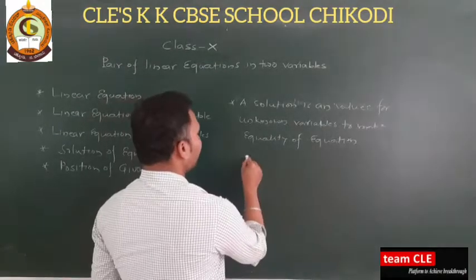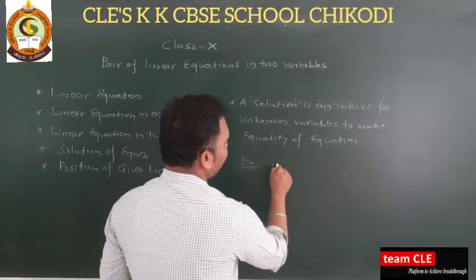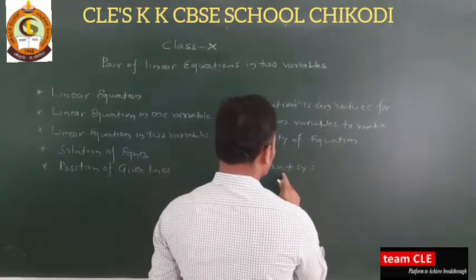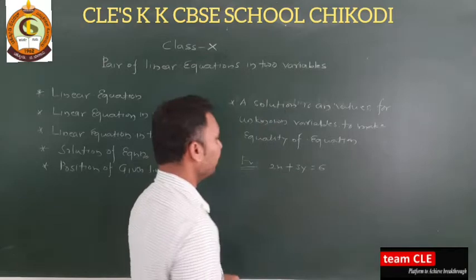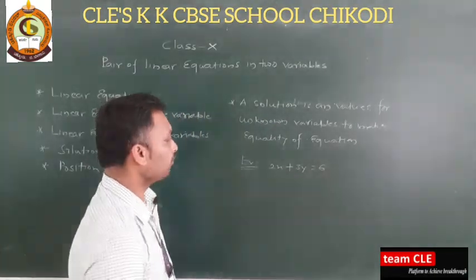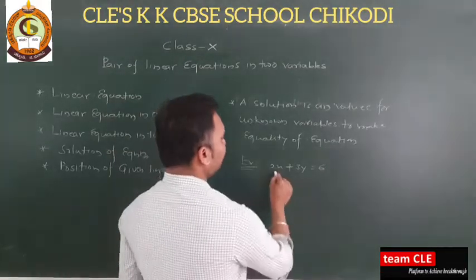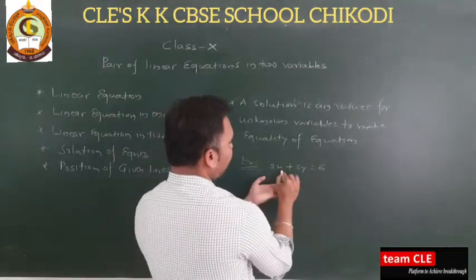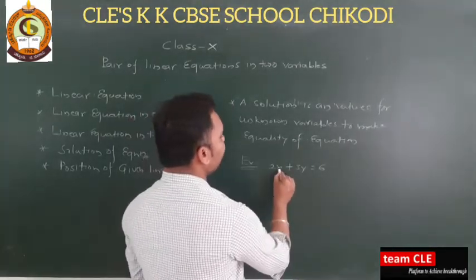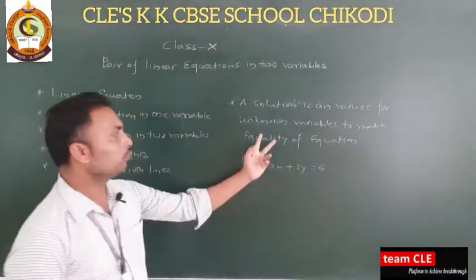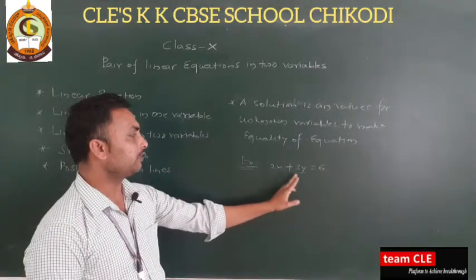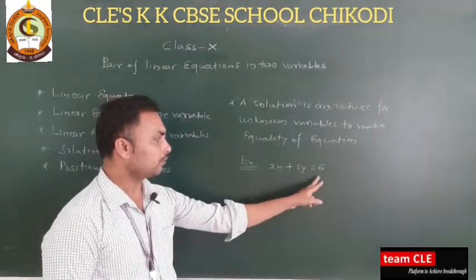Let me explain with an example. Take 2x plus 3y is equal to 6, which is one linear equation. Here we need to make the LHS equal to the RHS. We have two unknown quantities, x and y. By substituting some values for x and y we get LHS equal to RHS.